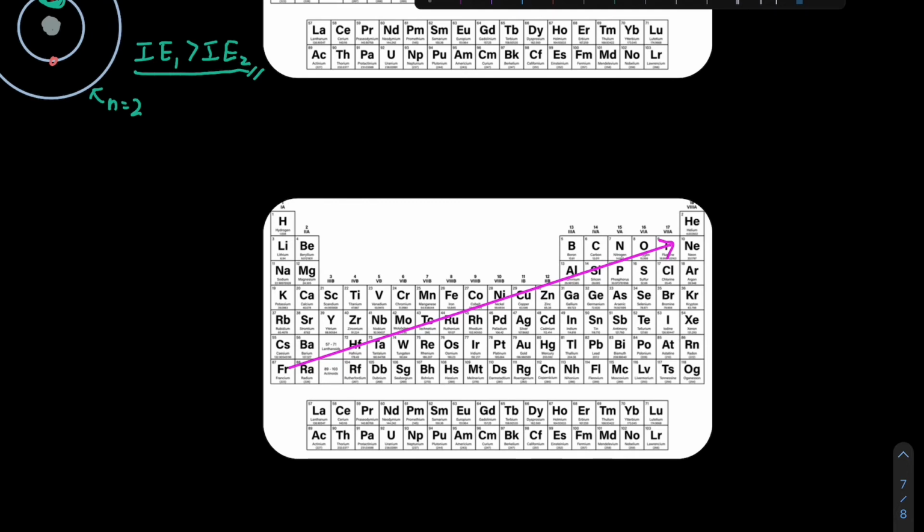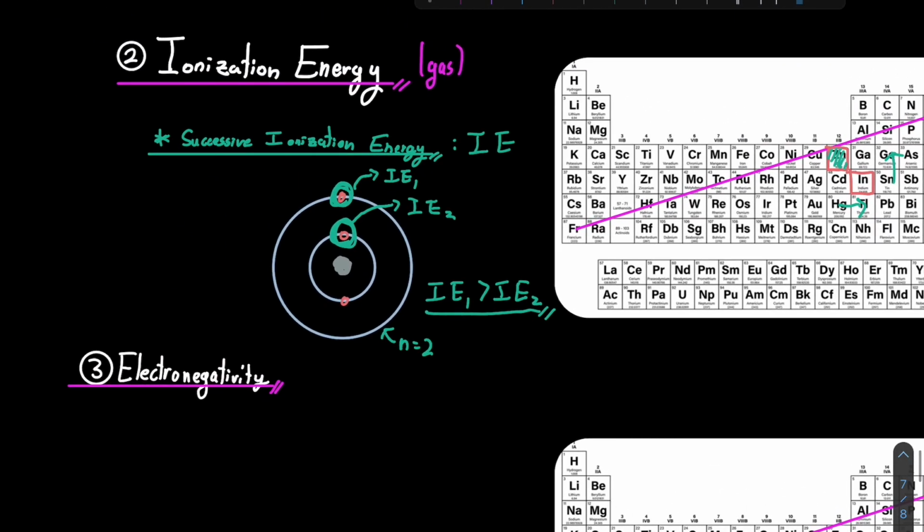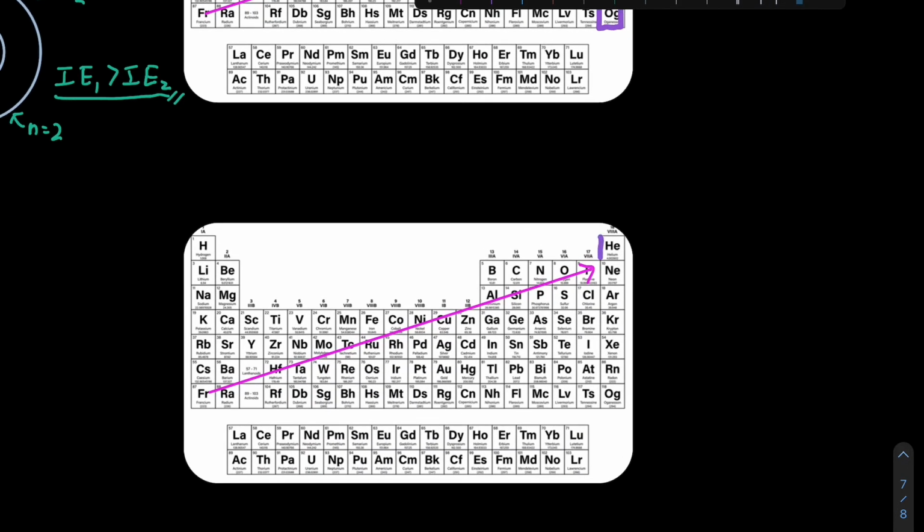Now, one thing to mention is that when considering ionization energy and electronegativity, the last column of noble gases are not considered due to the fact that noble gases have a full electron shell of 2 or 8.